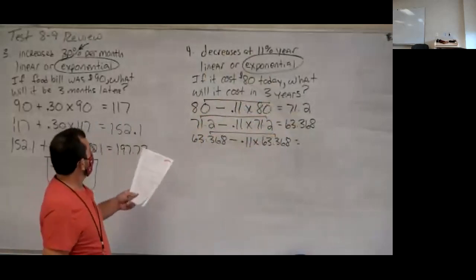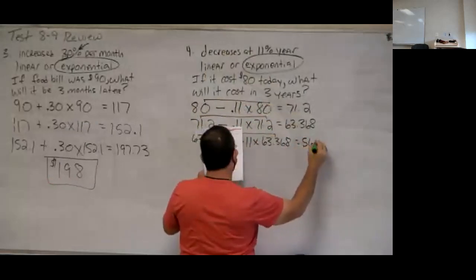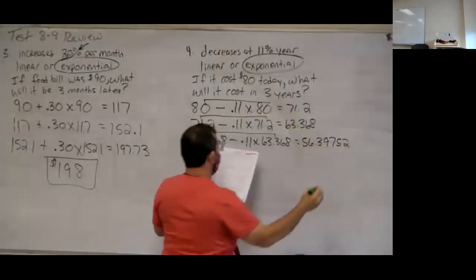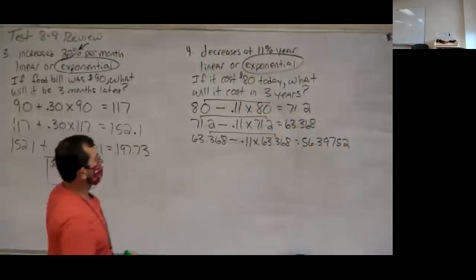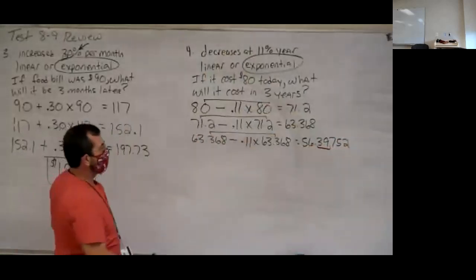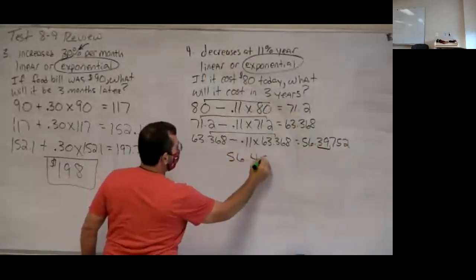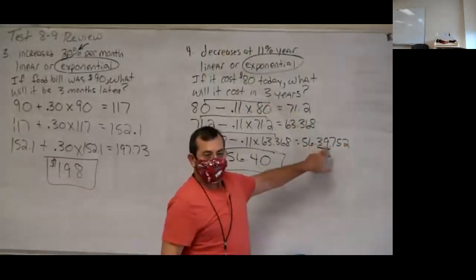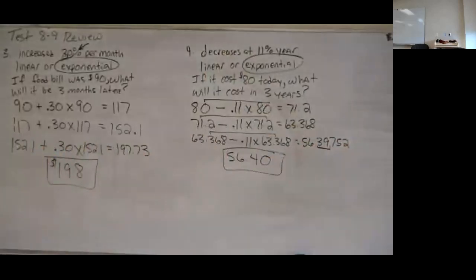Okay, so I came up with 56.39752. This one wants me to round to the nearest cents. So that's 56.40. That 9 rounds up to a 0, which means it has to round that 3 up to a 4. So good job. You like to round them good.